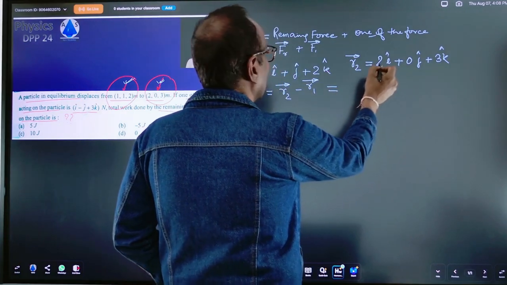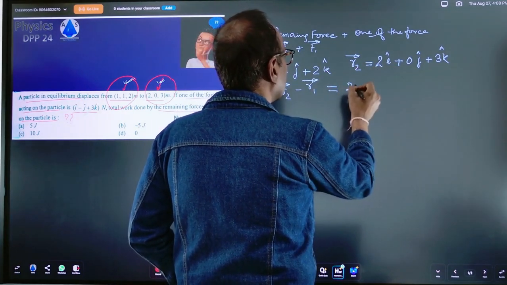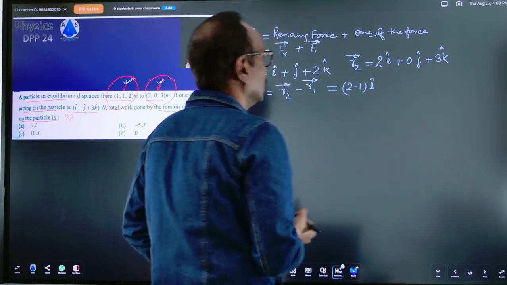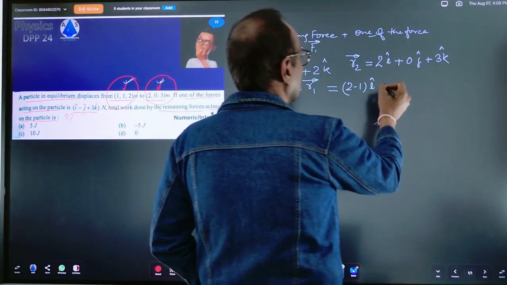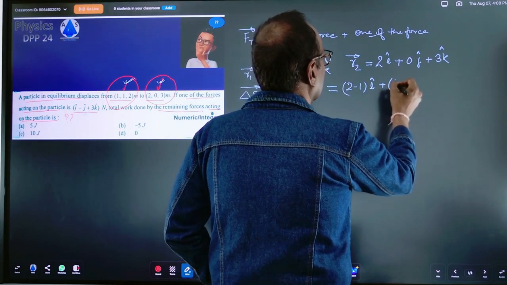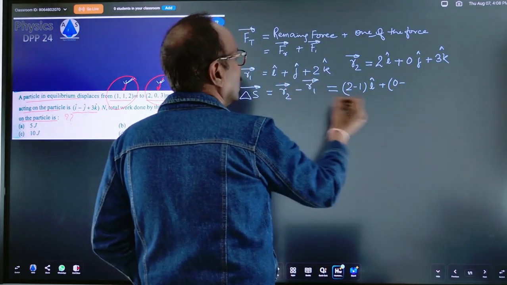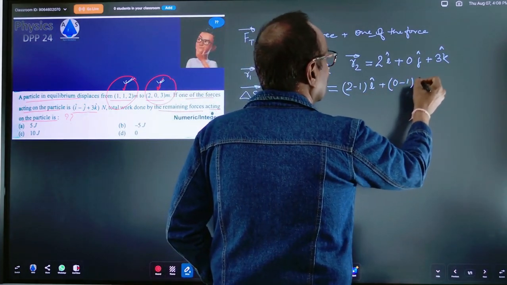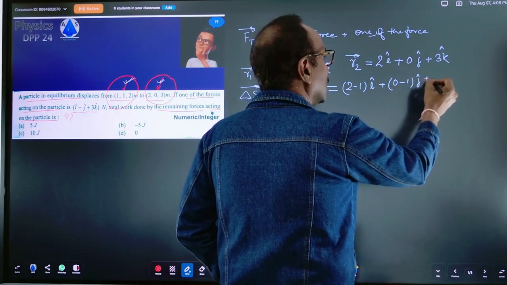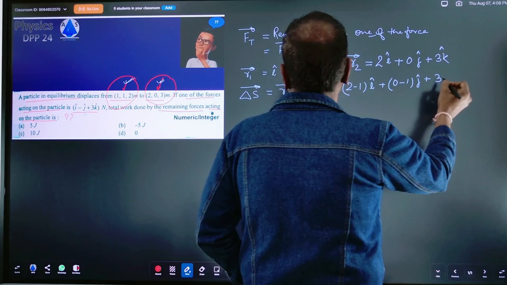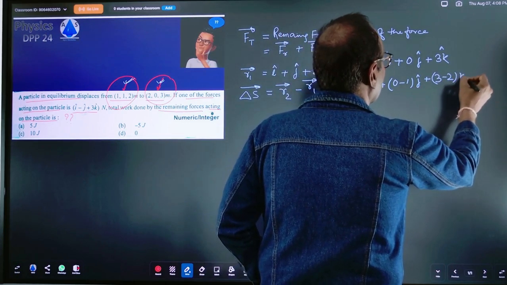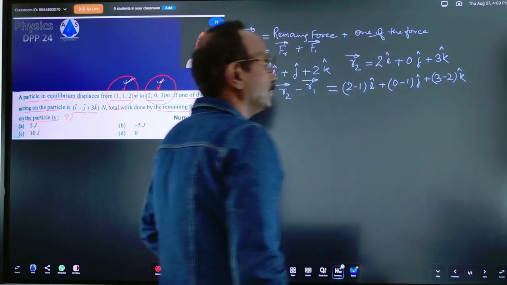So R2 minus R1 will be (2 minus 1) i plus (0 minus 1) j cap plus (3 minus 2) k cap.